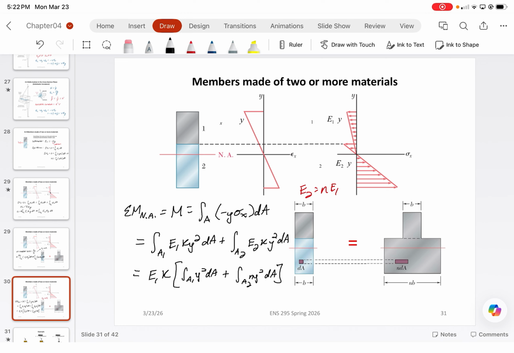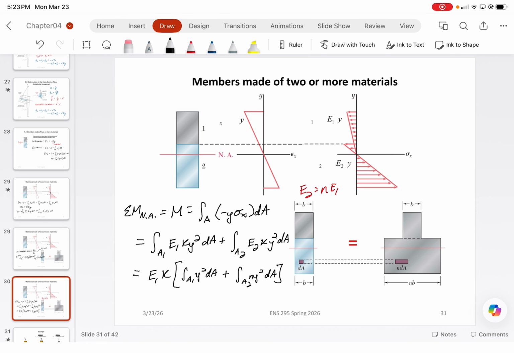It's the second moment of area. The first term, the integral of A1 y squared dA, is the second moment of area of that first region. The second term is the second moment of area of area 2, but we need to transform it to get the entire cross section as one material.